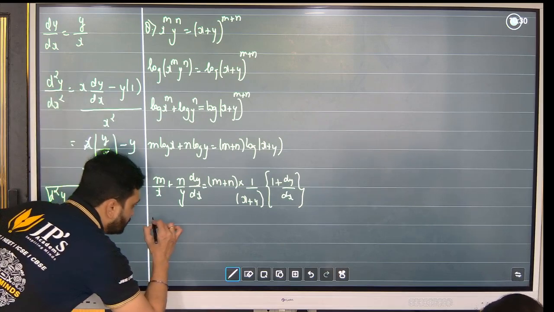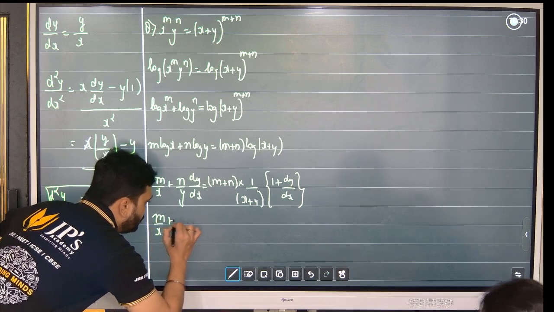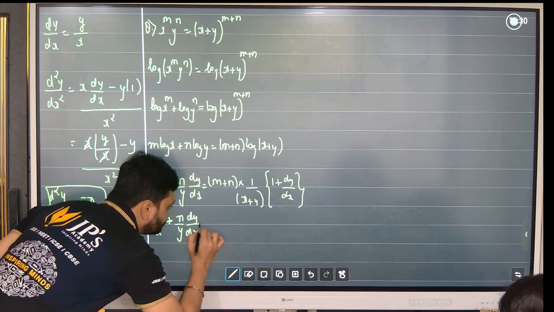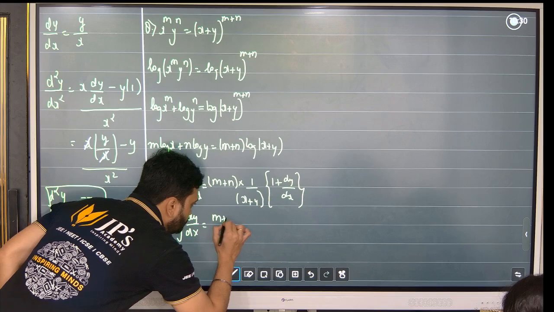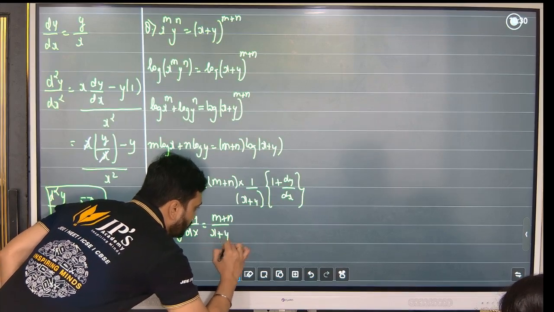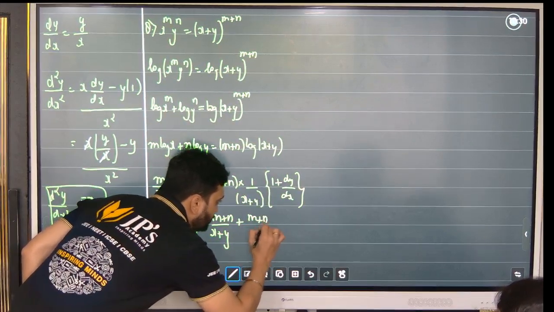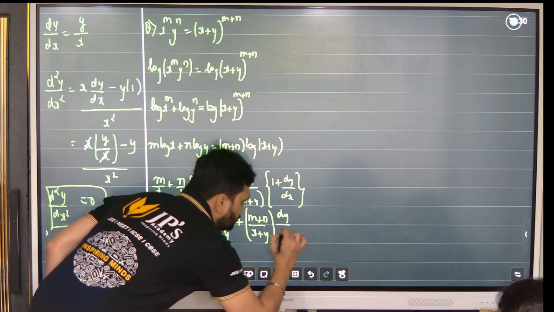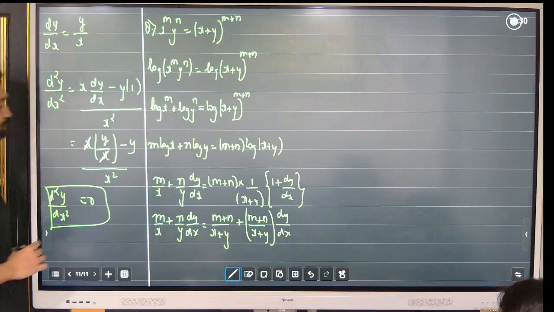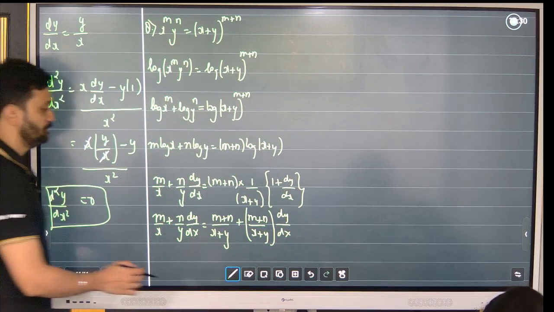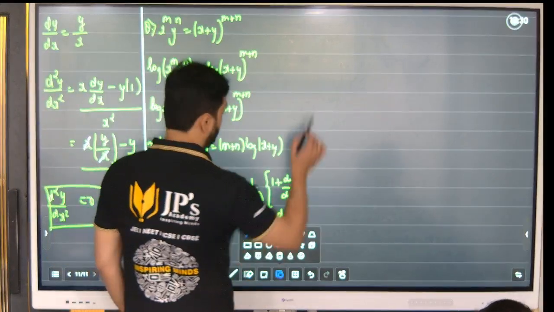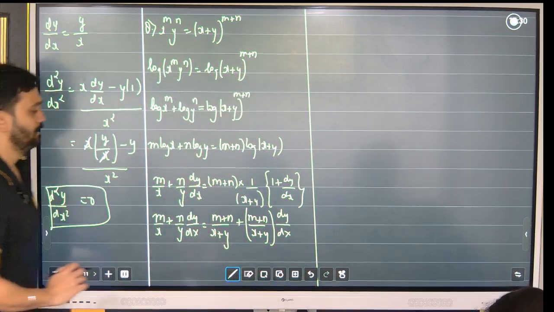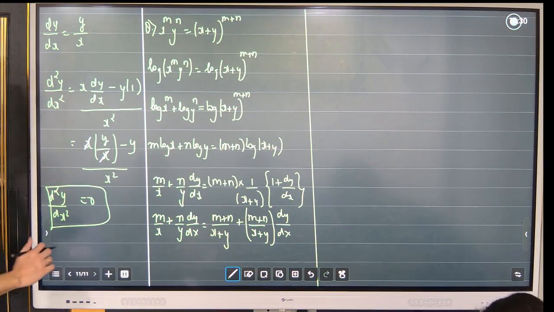Now if I write it in a particular way, m plus n upon x plus y plus m plus n upon x plus y dy by dx. I'll take all the dy by dx terms on the left hand side, non-dy by dx terms on the right hand side.